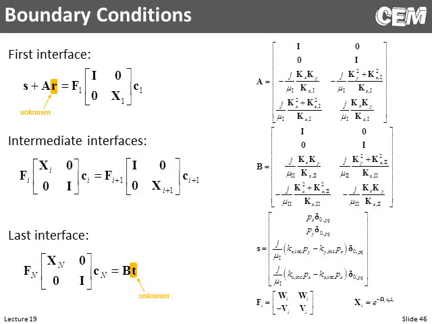Look at that, look at this, and try to reconcile that we really are talking about the same thing. So we have a boundary condition problem at the first interface, intermediate, and last interface, and right now our two unknowns are the reflected fields and the transmitted fields. So we want to calculate those without using that inverted x.